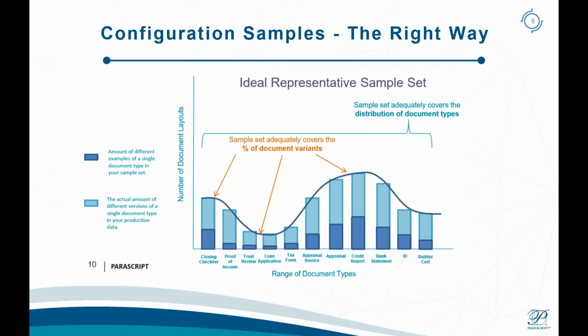In this case, we've got more input samples for credit reports, the higher variance documents, than we do for the structured forms like loan applications. Quite simply, if you're dealing with a form and only one form layout, despite the issues you might have with scanning quality, you're going to have a very standardized document, so you don't need as many samples.